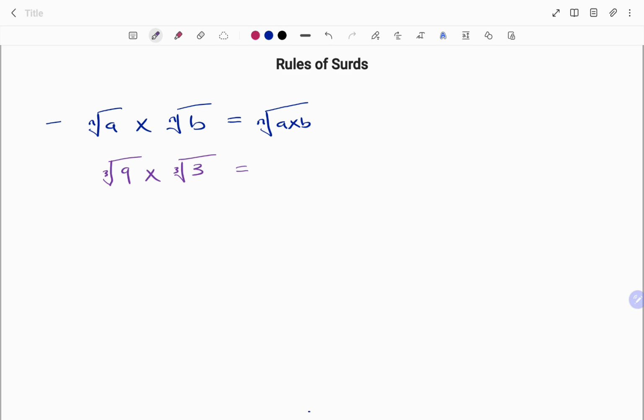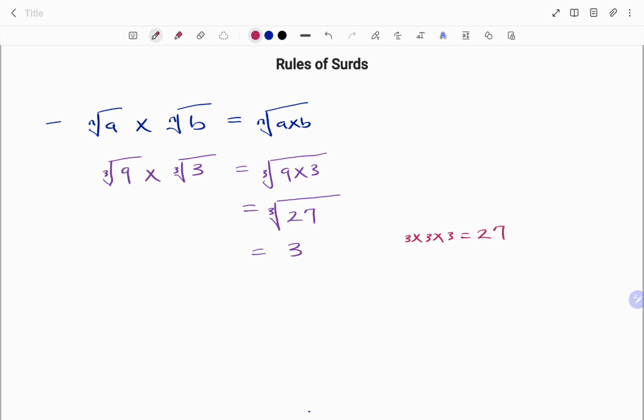Because they have the same cube root, I can put them under the same root. I have the cube root of 9 times 3, which is the cube root of 27. This I can easily find to be 3, because I know 3 times 3 times 3 will give me 27.